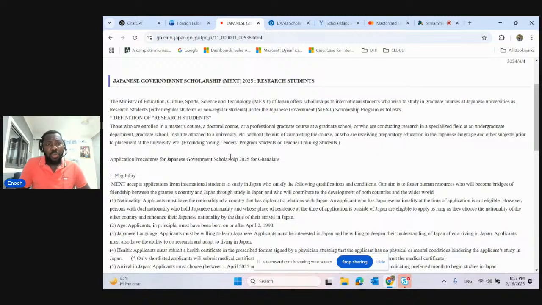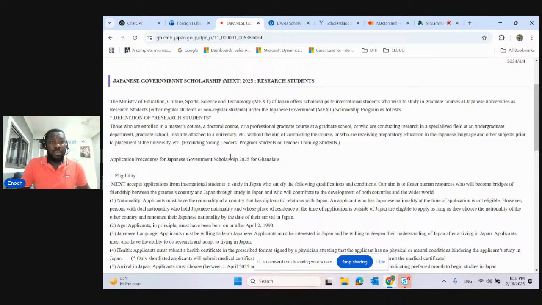I know some people who studied their master's on scholarship in Korea, and they are in the USA and Canada doing PhDs, and some are doing postdocs in Canada and the USA after their studies in Japan and Korea. Some are employed and working nicely in the United States. So don't limit yourself to just the European countries.